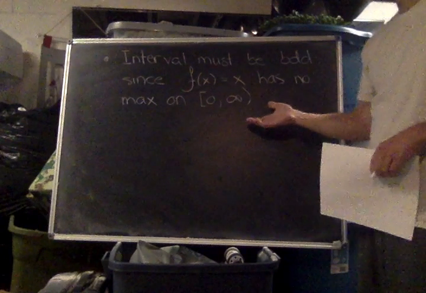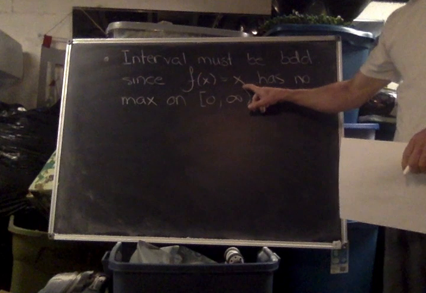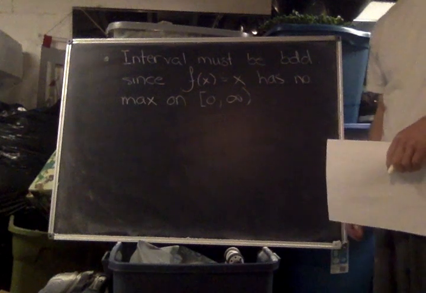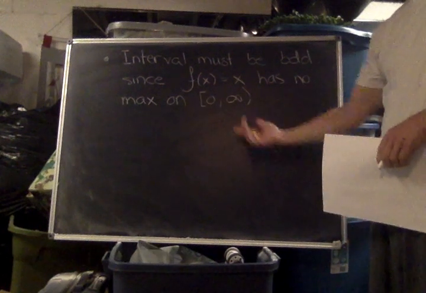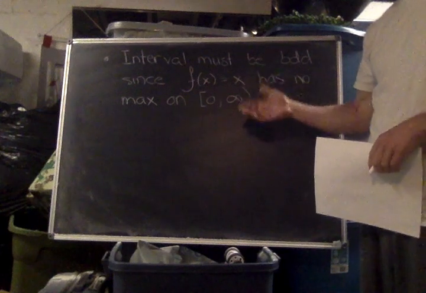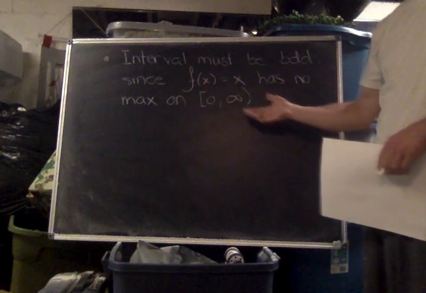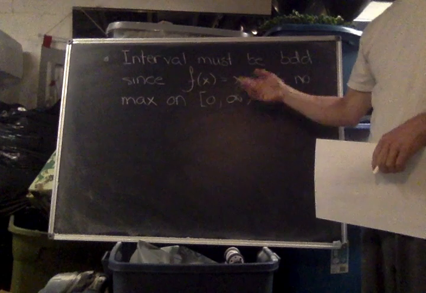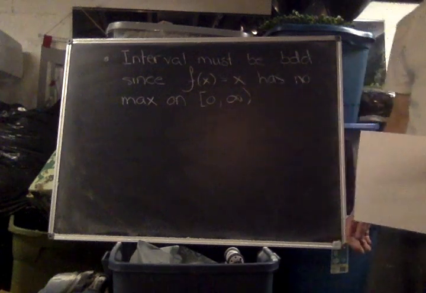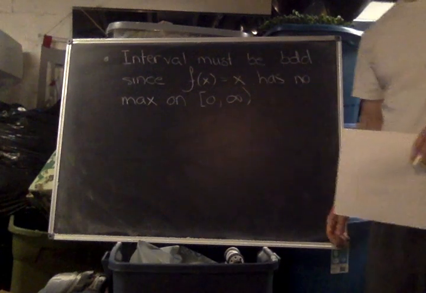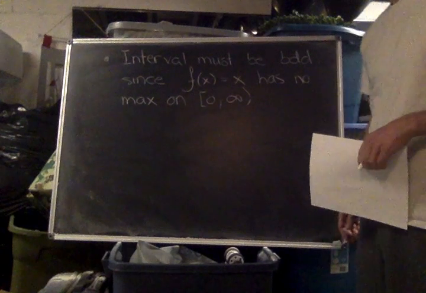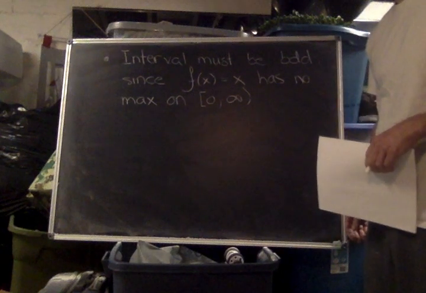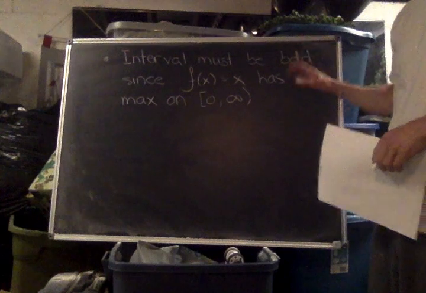And then, of course, you can see that this function, f of x equals x, will not have a maximum value on this set here, because no matter how big a value I give you, you can always find me a bigger value of x, such that the value of the function, being then equal to x, is also bigger than the value I gave you in the first place. Okay, so the interval has to be bounded.